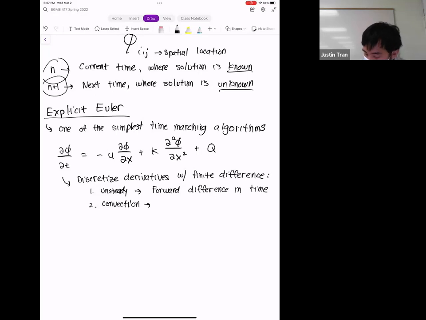All right, so for the convection term, I'm going to do a central difference. So we're going to assume that we have a low enough velocity or a low enough grid spacing. And so the thing we're going to do for the convection term is central difference in space.